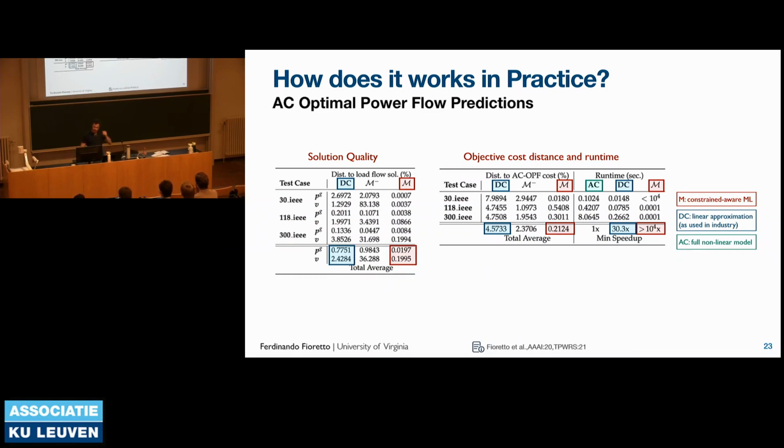On the table on the left here, I'm showing the distance of the load flow solution. What that means is that once we output essentially any output from our machine learning model, that output is not guaranteed to be a solution. It's not guaranteed to satisfy the constraints.